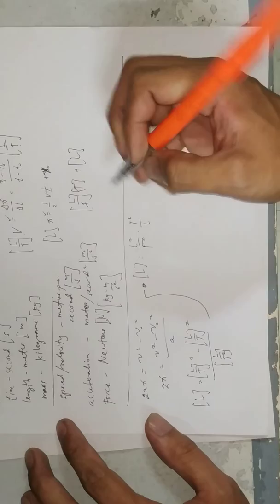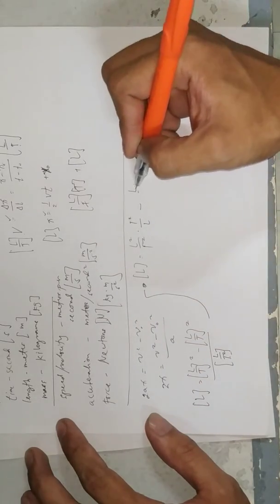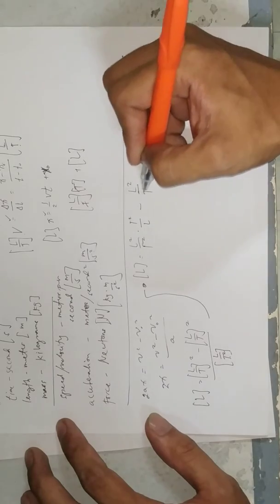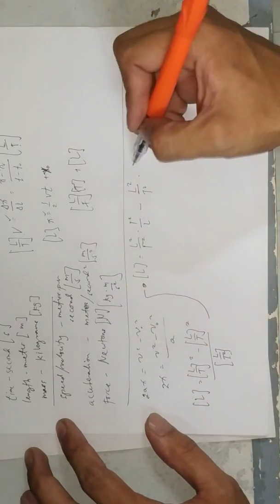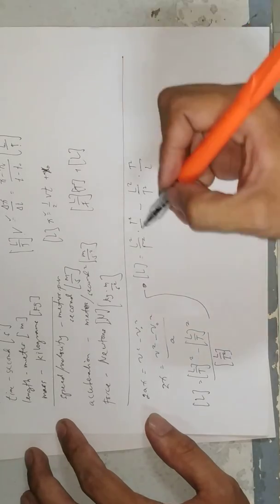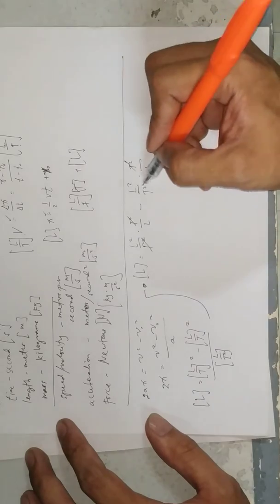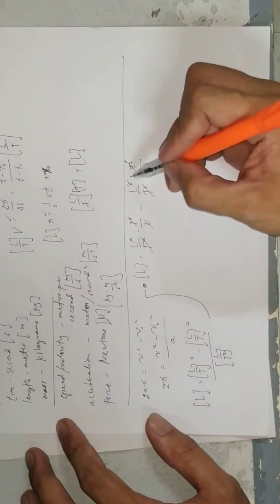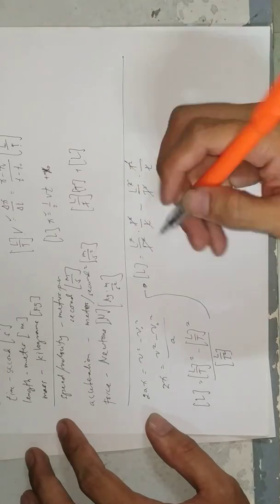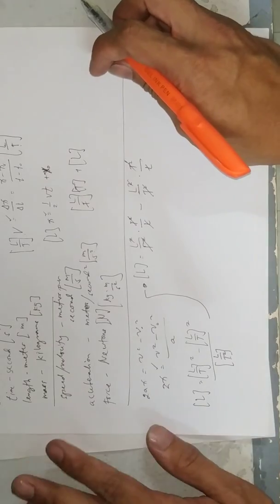So L square over T square times the inverse of this one, becomes T square over L. Simplifying this one, we can cancel these T's and get L square over L, so L. So L minus L will give us L. So this equation does exist.